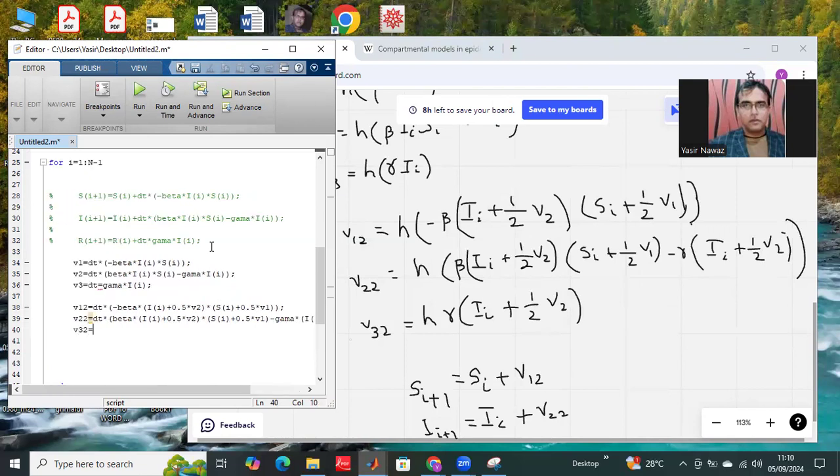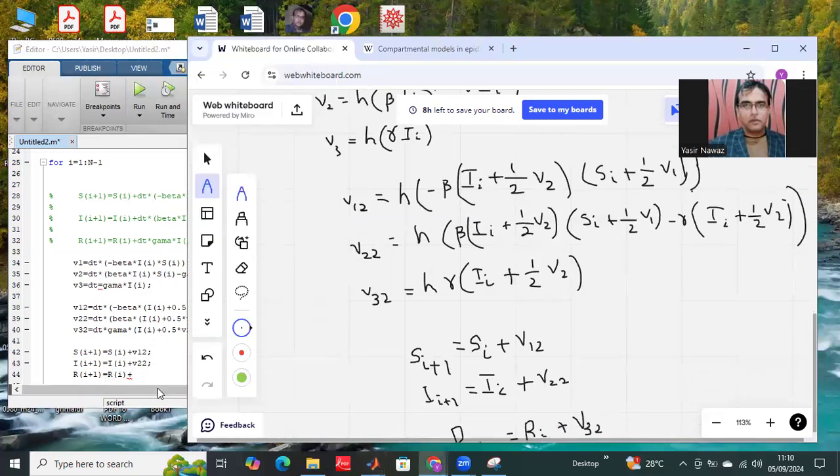And then V32 is equal to dt multiplied by gamma, I at i plus 0.5 V2. So for the third stage, S at i plus 1 is S_i plus V12. Then I at i plus 1 is equal to I_i plus V22. Then R at i plus 1 is R_i plus V32.